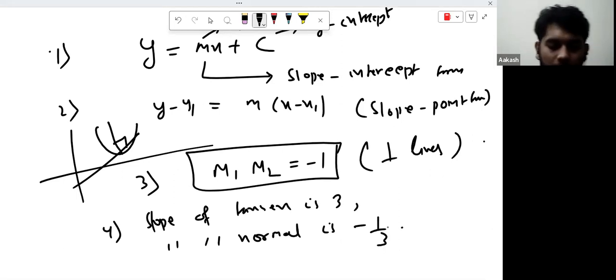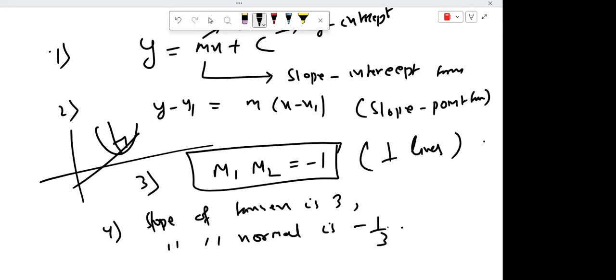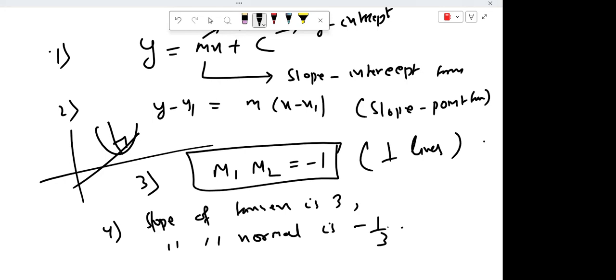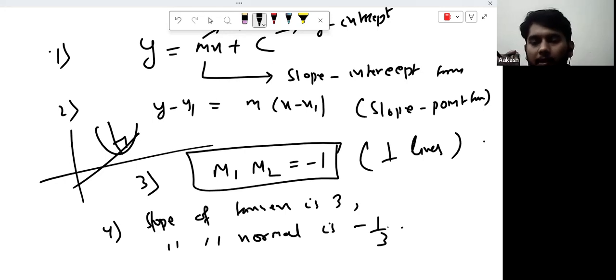Flip it, put a negative sign, change the sign. If two lines are perpendicular, then the multiplication of the two slopes will be -1. And the normal will be -1/3. Just reciprocate and use a negative sign.